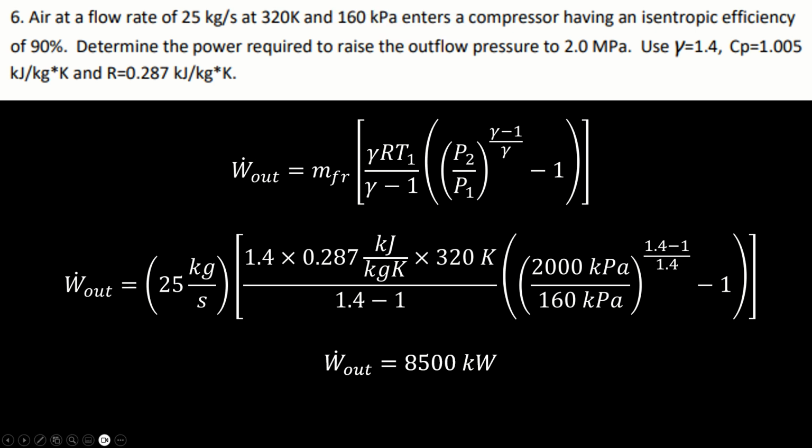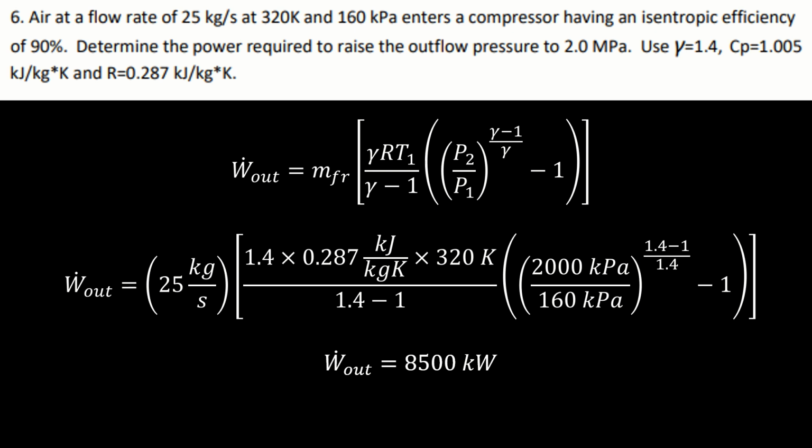So the output power, or the output work transfer rate, is the mass flow rate times gamma R T1 over gamma minus 1, all multiplied by the pressure ratio P2 over P1 raised to gamma minus 1 over gamma, and then taking that ratio after raising it to that exponent, subtract by 1.